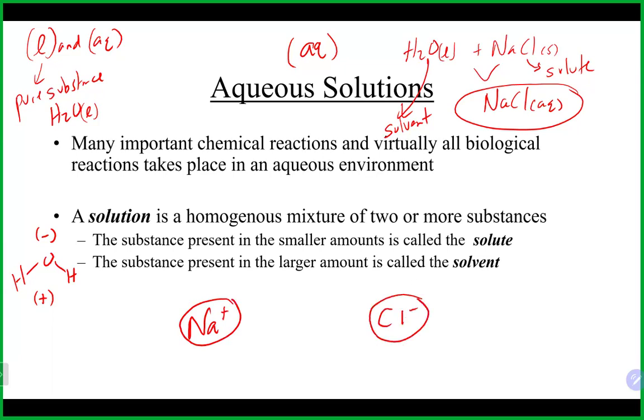What allows solid sodium chloride to dissolve in water is that the water molecules surround the ions. The oxygen side of water, which is more negative, is attracted to the positive ion here, while the positive side of water is attracted to the negative ion, which would be chloride in my example here.